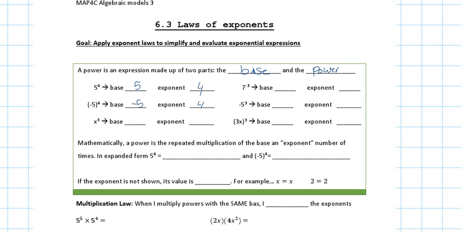X is the base, and the exponent is 3. How about 7 to the power of negative 3? So the base is 7, and the exponent is negative 3.